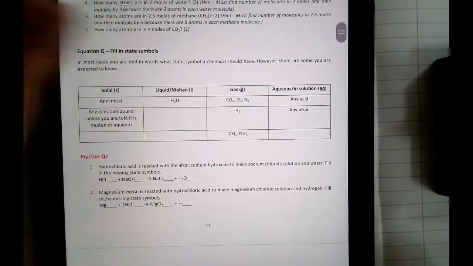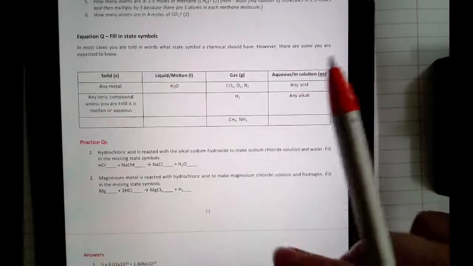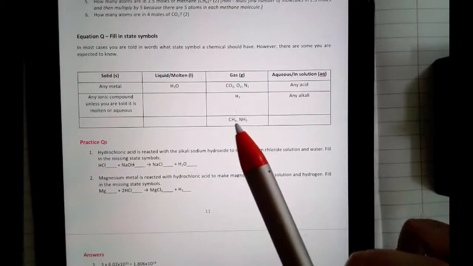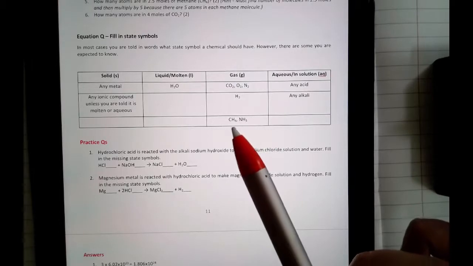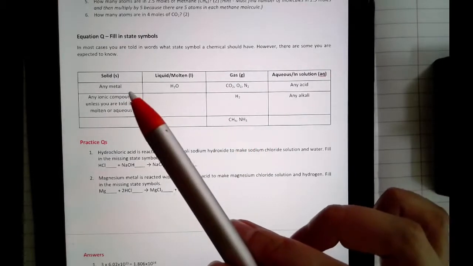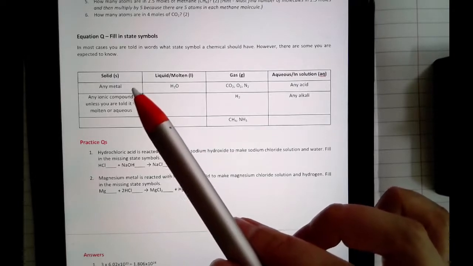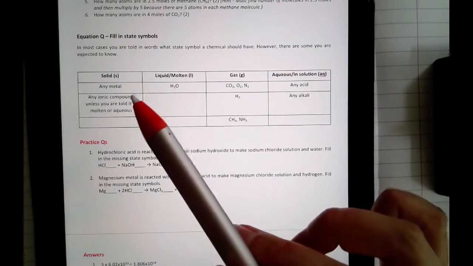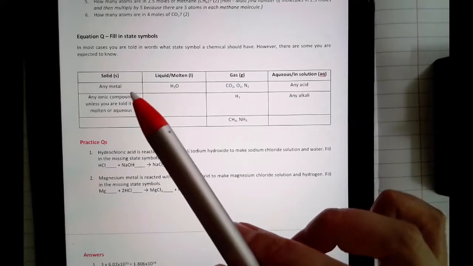The other part, I asked you to fill in the state symbols. So we looked at this last week as well. In some questions you'll be told whether it's solid, liquid or gas, but for some things you're going to be expected to know. Like if they tell you you've got a metal, and you know it's a metal because it's on the left hand side of the periodic table, so something like potassium or iron or tin, anything that you know is a metal, you're expected to know that metals are solid at room temperature.